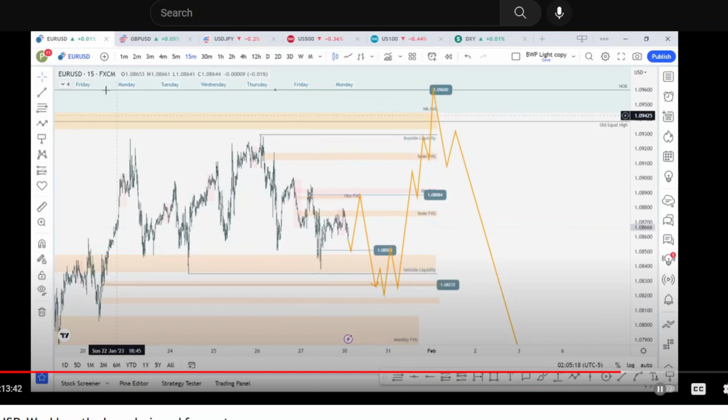On DXY, something to learn: particularly when there is a high impact news event, price doesn't respect all these levels. Same thing happened on DXY. The levels I was expecting to hold as resistance did not hold. When there is a high impact news event, particularly FOMC and non-farm payroll, price does not respect structure.